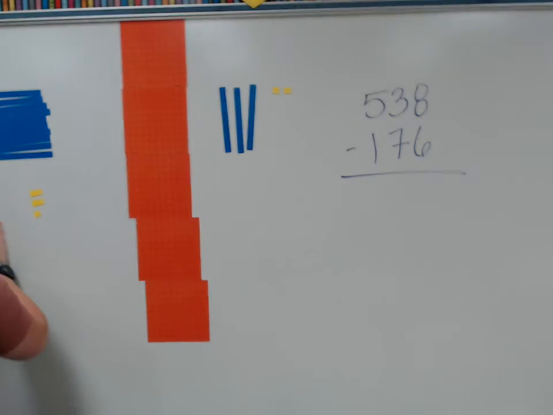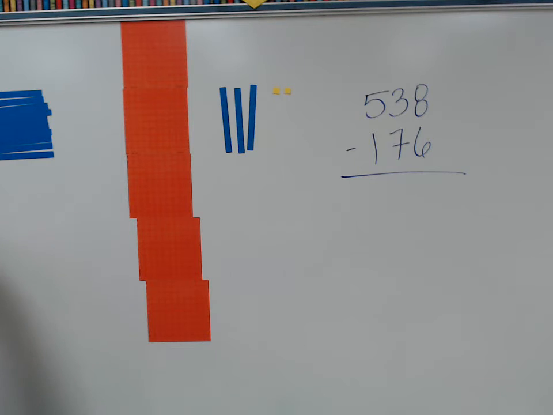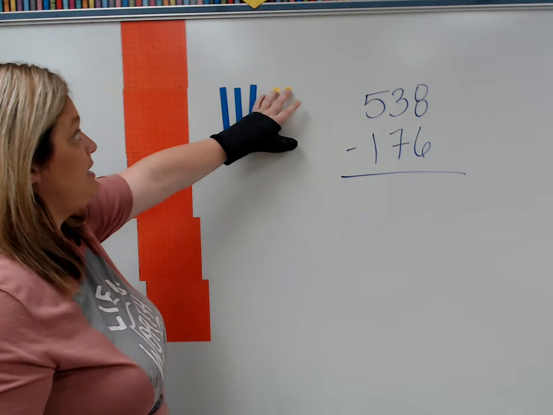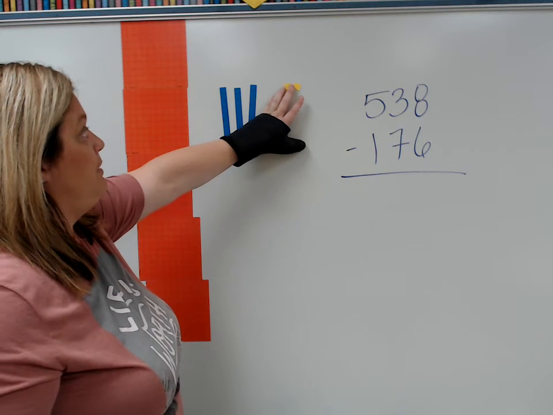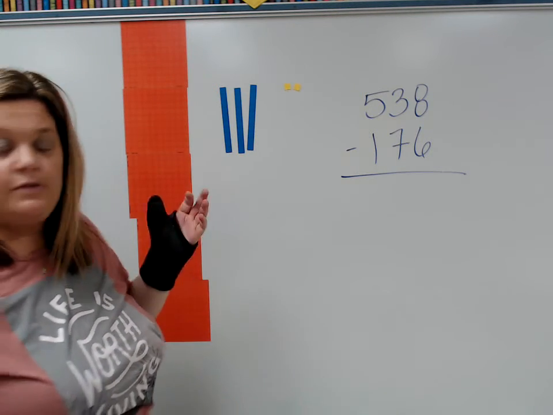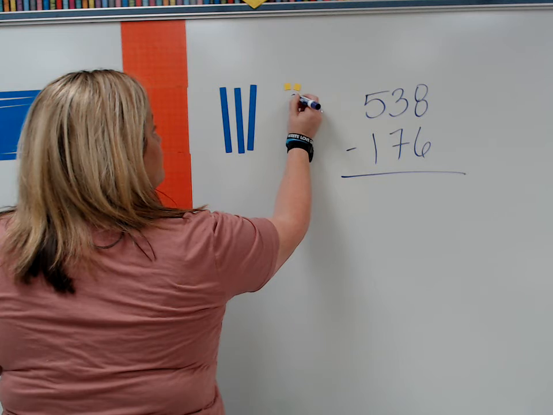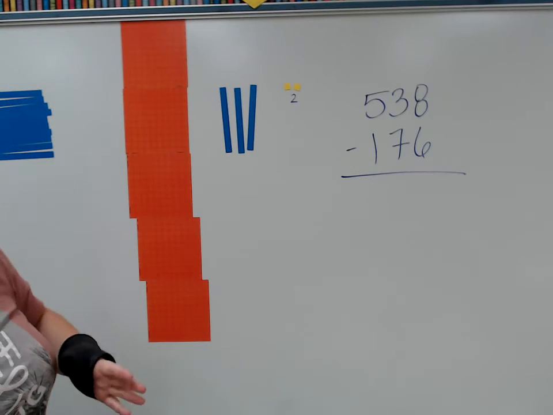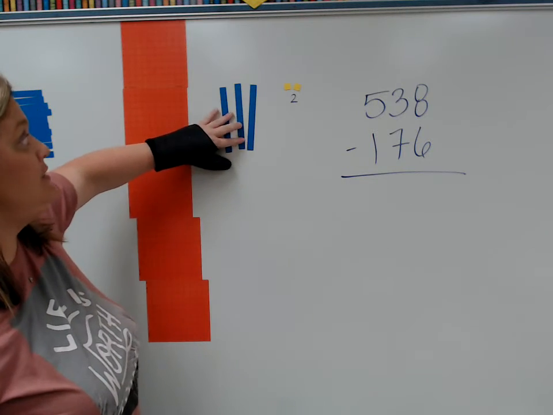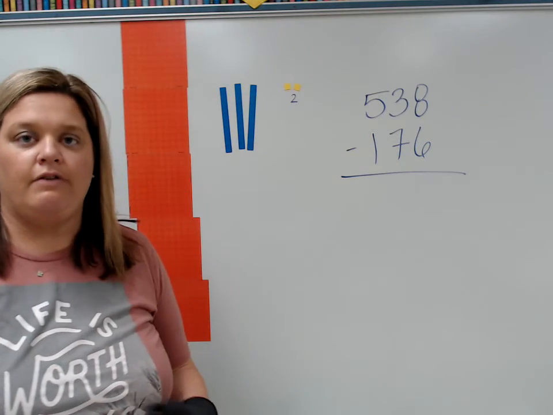I'm going to move them all over here. All right. So something just fell. It was a unicube. So that means I'm left with 2 in my ones place. Okay, so 2. And I'm going to write a little number in here. 2. Now I have 3 10s, and I have to take away 7.